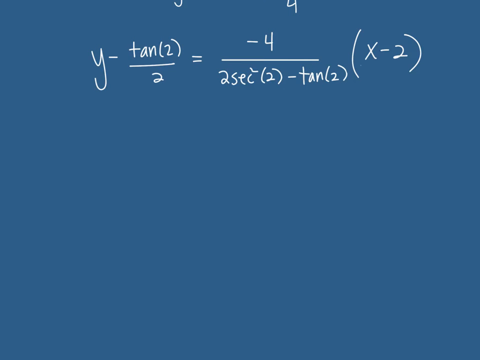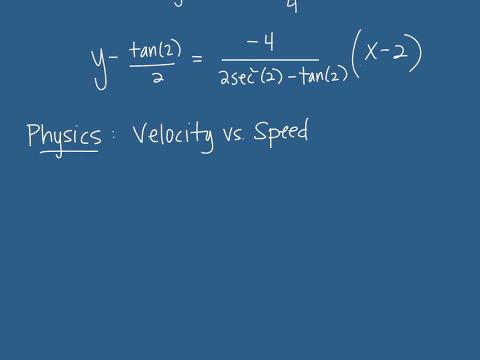Okay. I'm just going to give you a head start on some physics stuff that we'll need for tomorrow. I want to talk about velocity, the difference between speed and velocity. If you're in physics already, or if you're in AP Physics, you know that velocity comes from the first derivative, but we just need to distinguish the difference between the two.